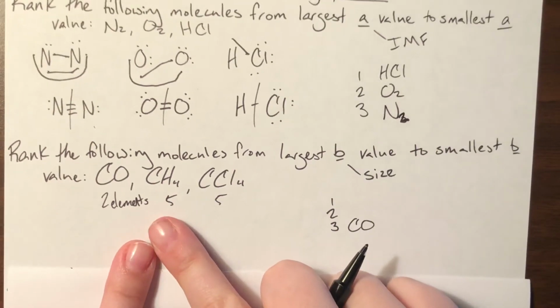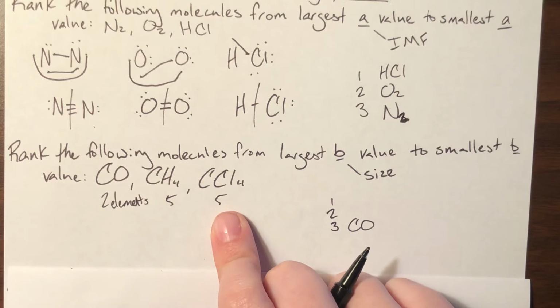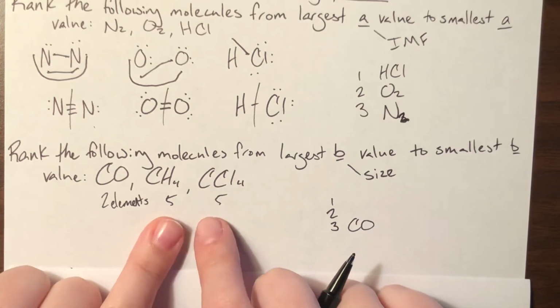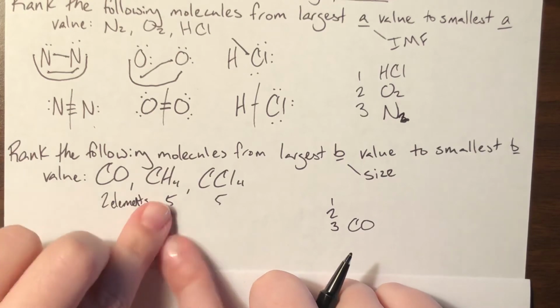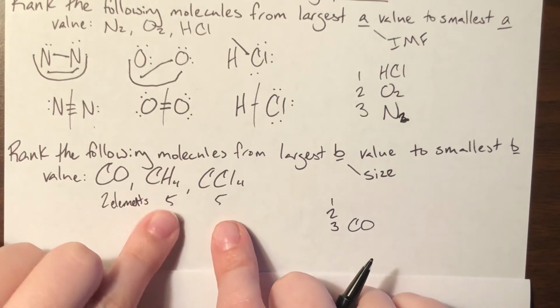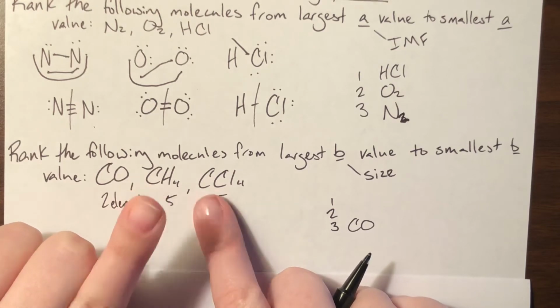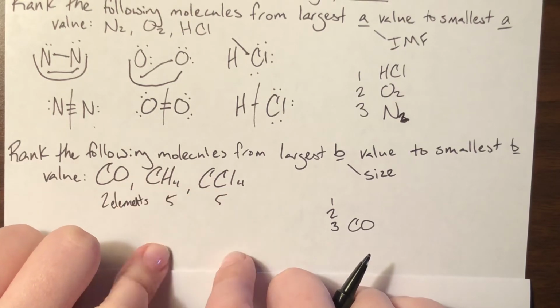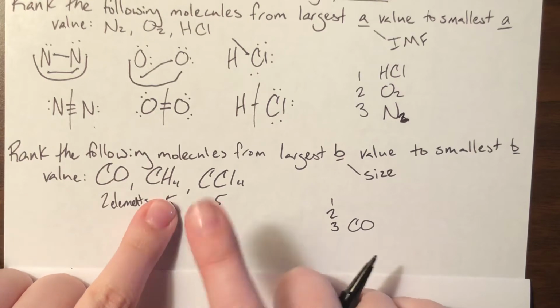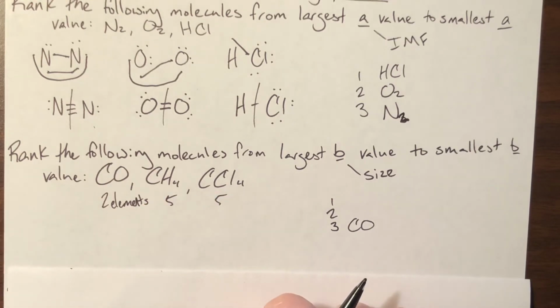And now to break this tie, where we have the same value for both here, I'm going to actually check the masses. So we have carbon, that's going to be the same, so I don't really need to check those masses. I do need to check who is going to be heavier between hydrogen and chlorine.